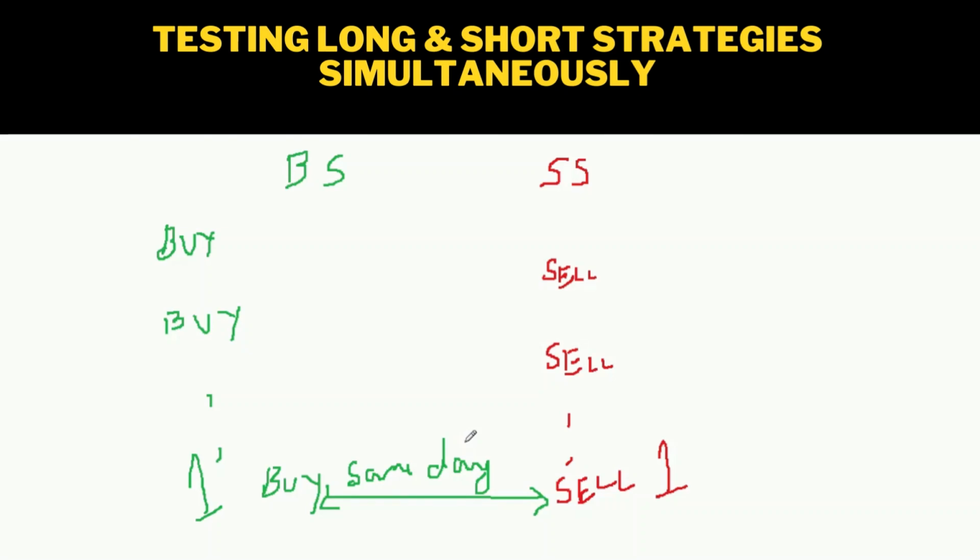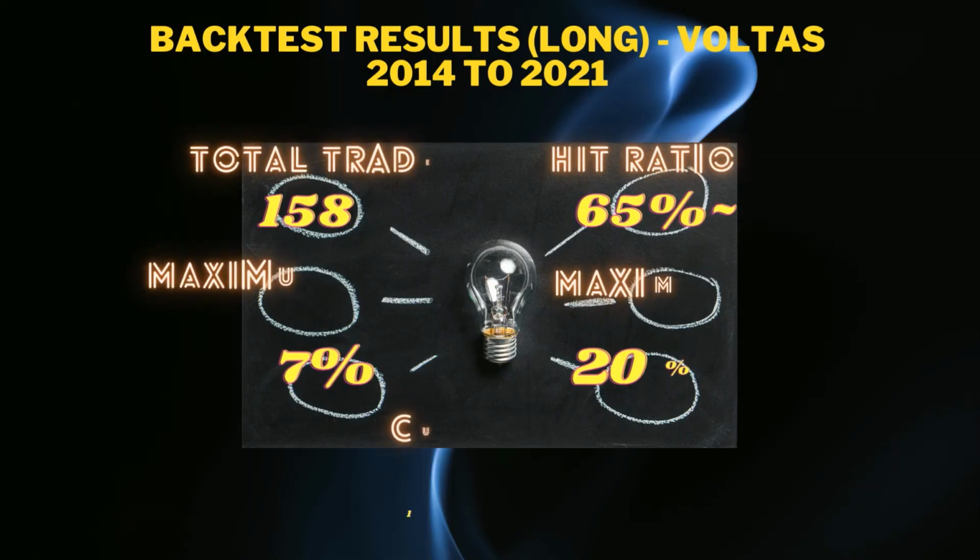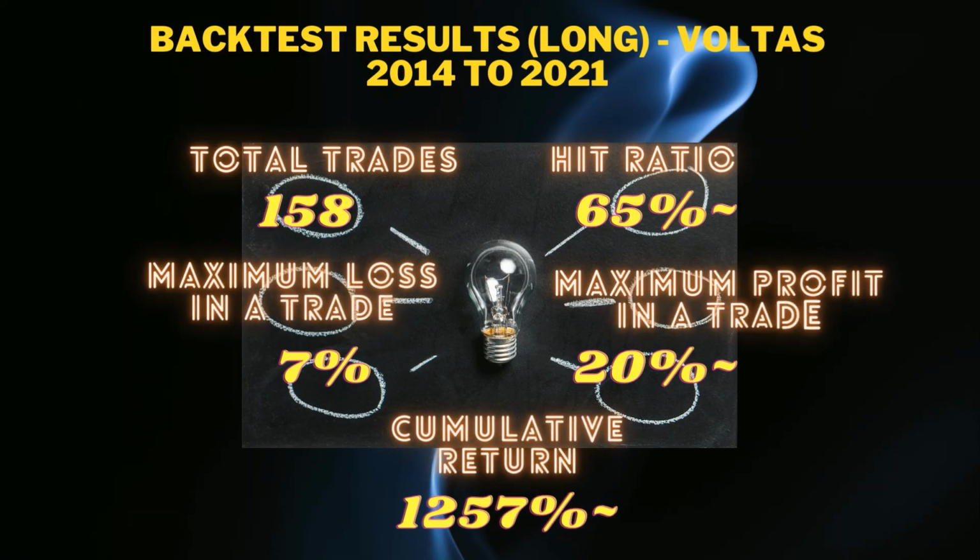So let's take a look at the stats to understand what changed here. So here's the backtest result of our long strategy after I ran both the strategies simultaneously. So the total number of trades reduced by 1 to become 158. The hit ratio went up by 1% to reach 65%.